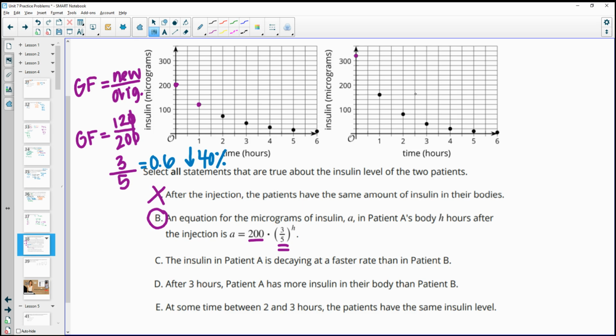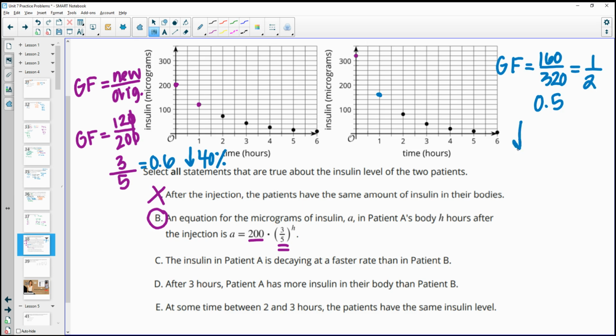So let's look at this one. The growth factor here, the new amount, is at 120, 40, 60. So this is 160 over 320.